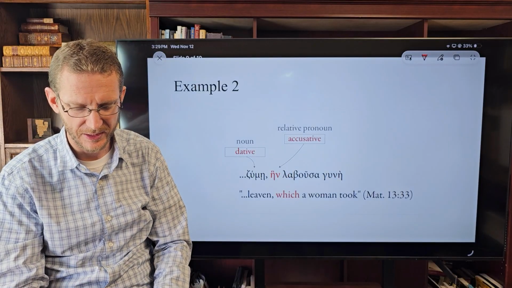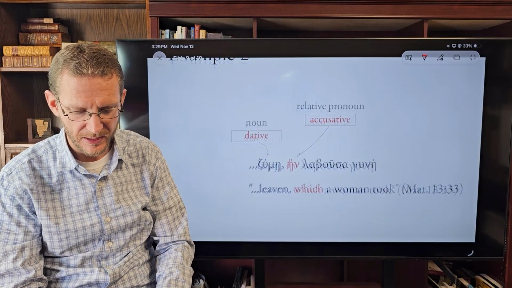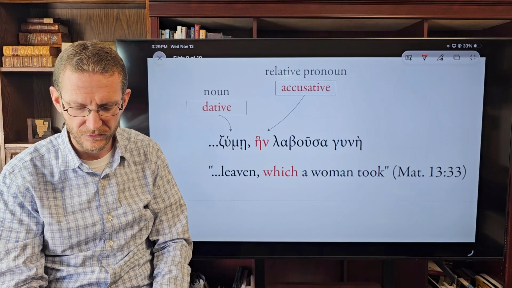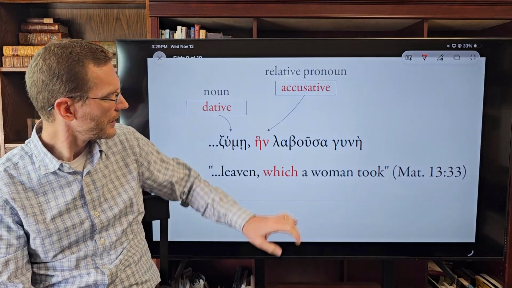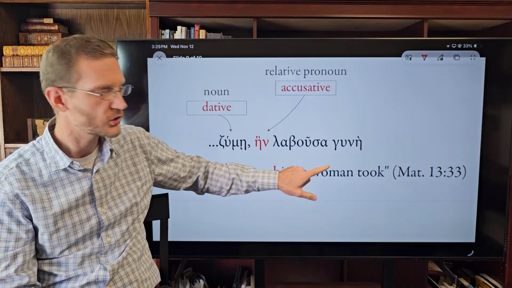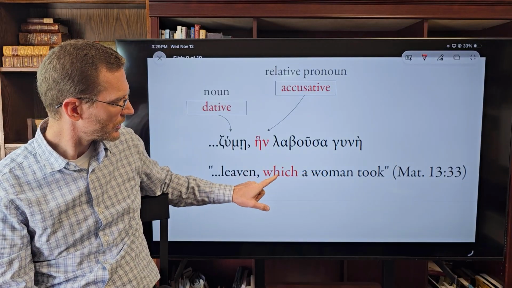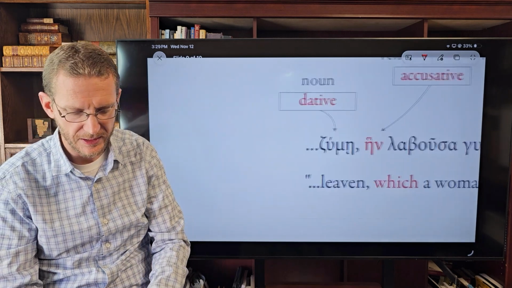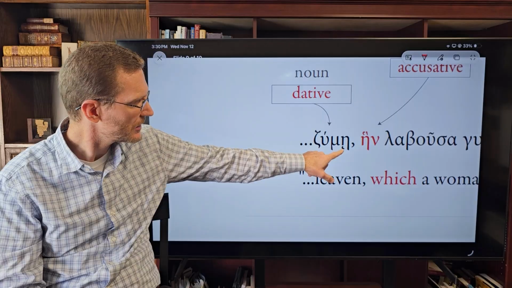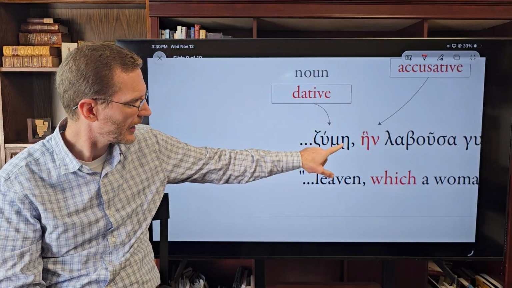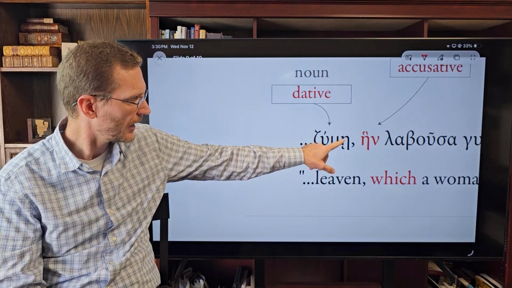All right, let's go to another example. Example number 2. Here we have a phrase from Matthew 13:33. "Leaven, which a woman took." Leaven is the word that is the antecedent to which. Notice that leaven is in the dative; we can see it here, the iota subscript with the alpha.